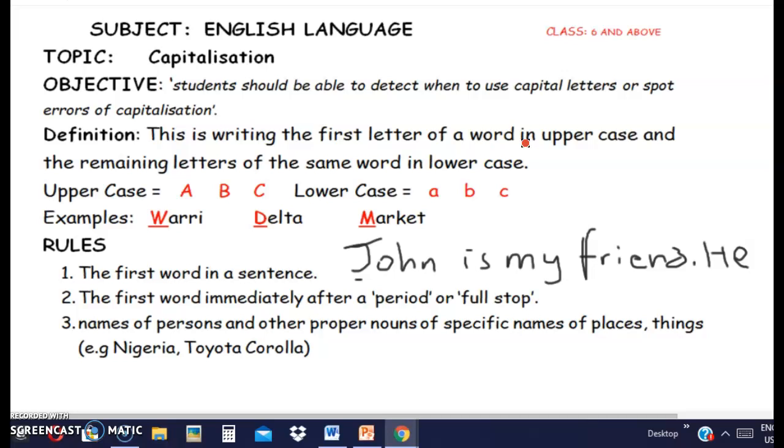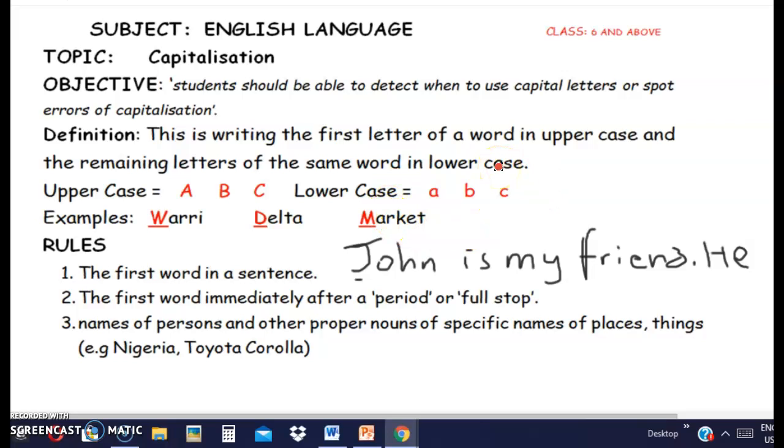Now, when we talk about uppercase and lowercase, let me cast your mind back to when we used to say big letter A and small letter A. That is what we mean by uppercase and small letters. Like we have A, B, C, and we have a, b, c written in small letters here.